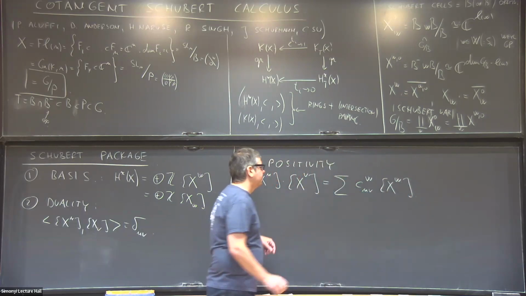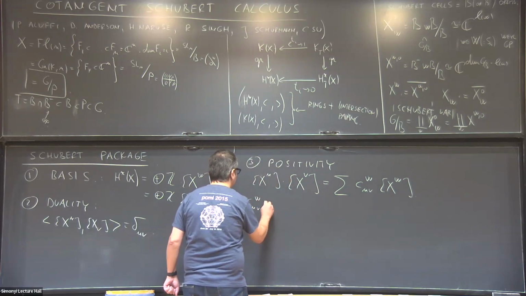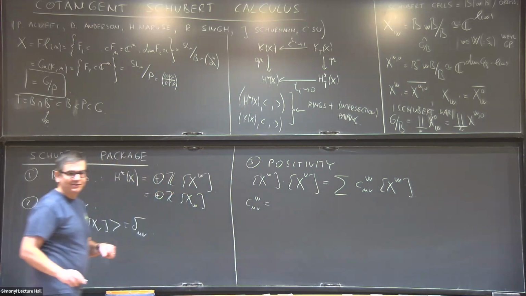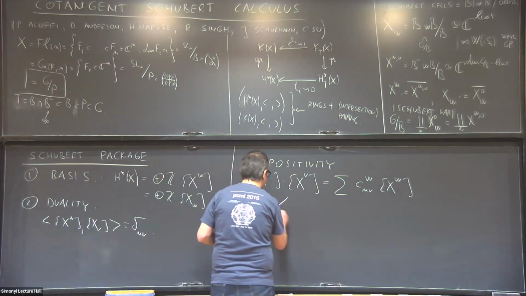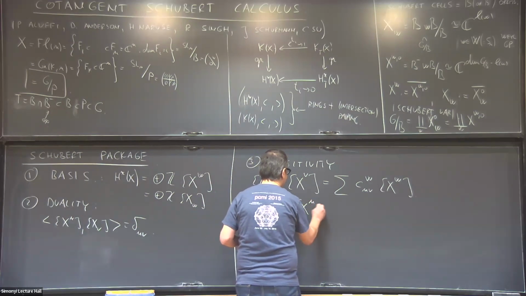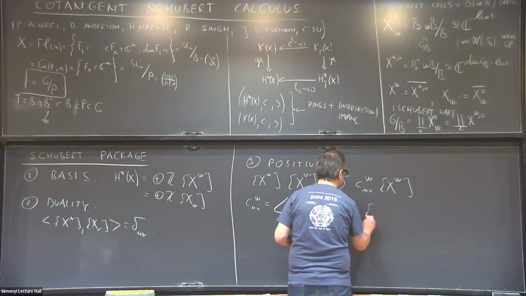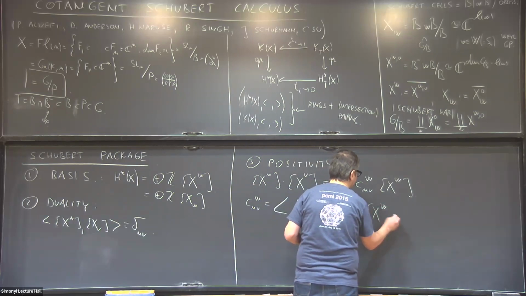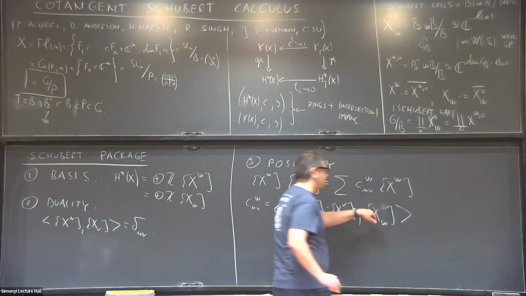The coefficients are integers. We know how to calculate the coefficients in the abstract. They are just the pairing of the multiplication of two Schubert classes with the Poincaré dual, with the dual of the third class.